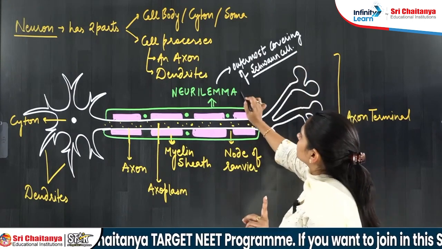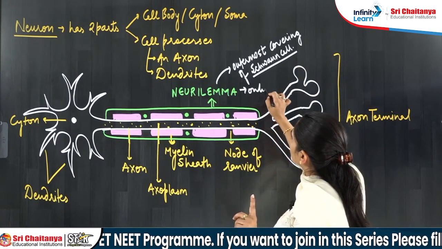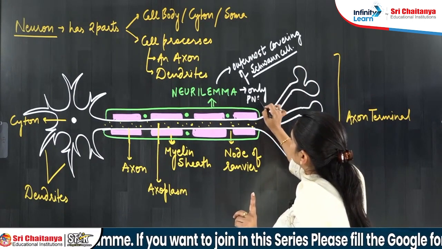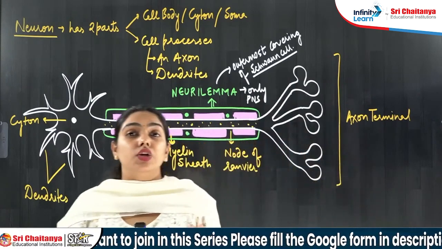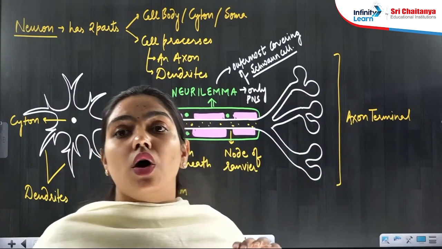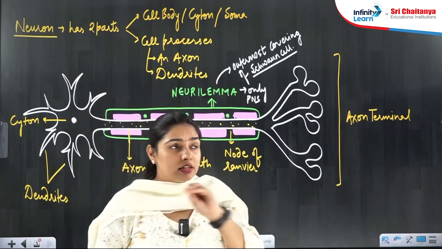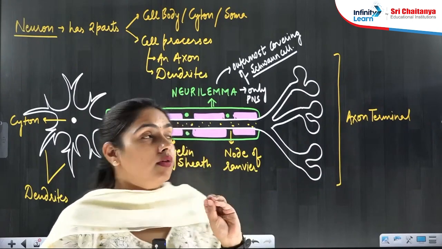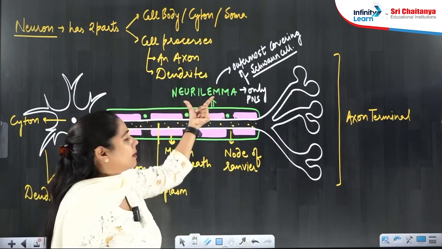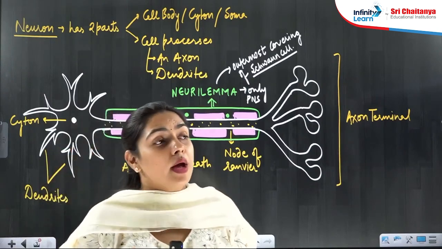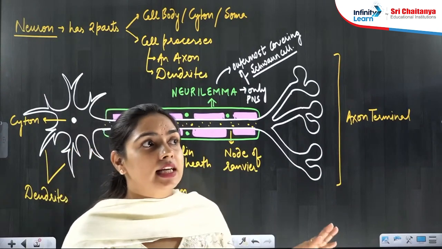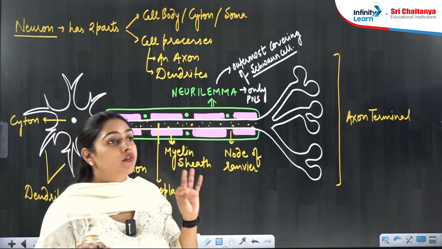So the neurilemma is also present only in the PNS. You will not find the neurilemma around the neurons of the CNS. You will only see it around the neurons of the PNS.